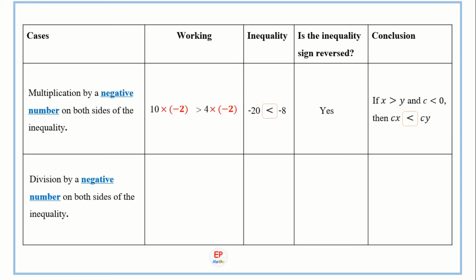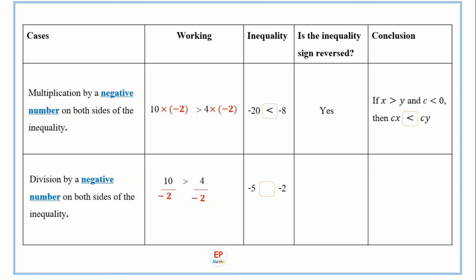Division by a negative integer on both sides of the inequality. Remember, we have 10 is more than 4. Now, let's divide by a negative number. Let's say negative 2. So 10 divided by negative 2, we will get negative 5. And 4 divided by negative 2, we will get negative 2.